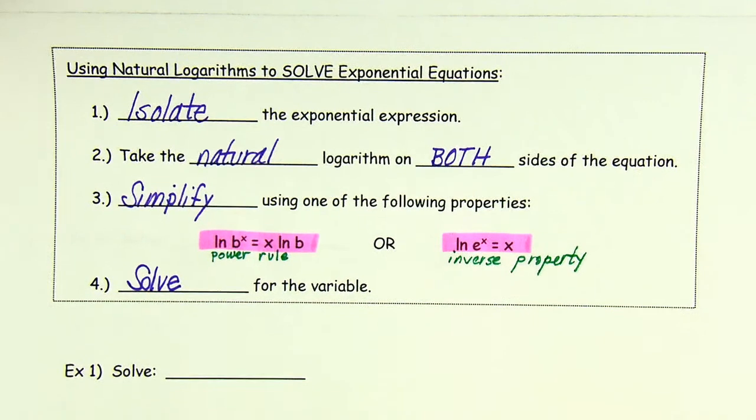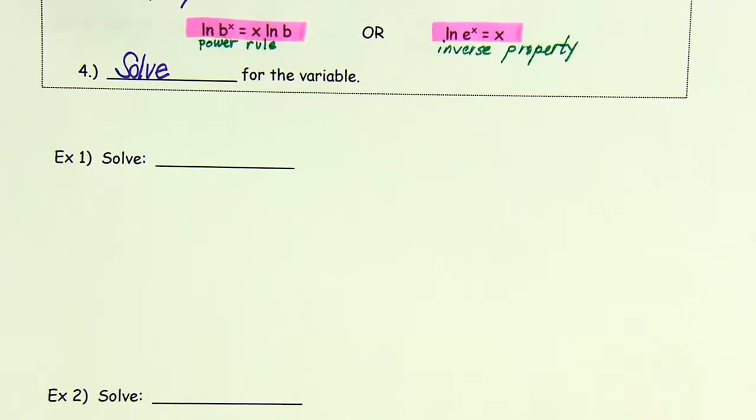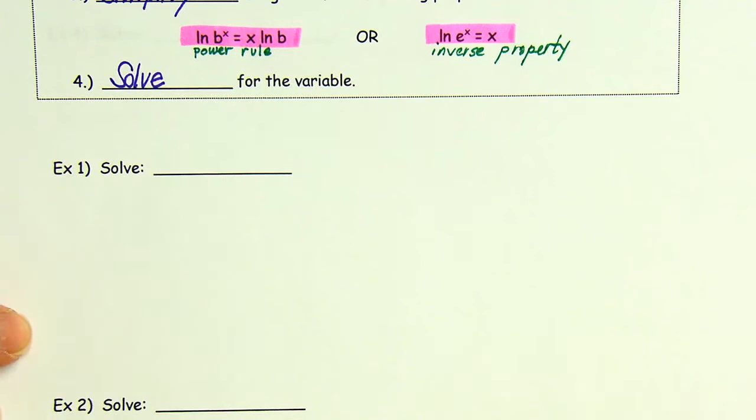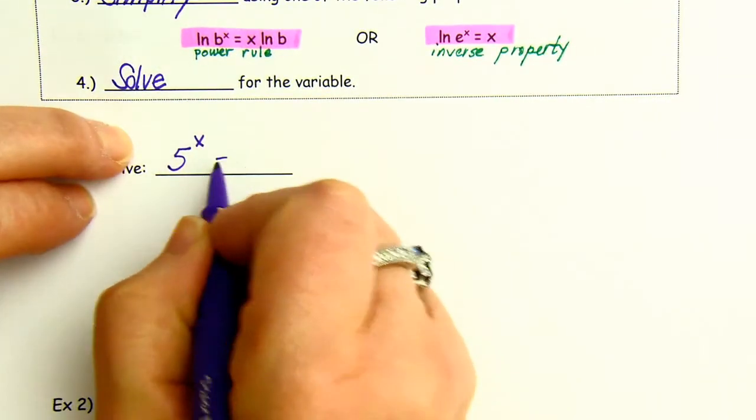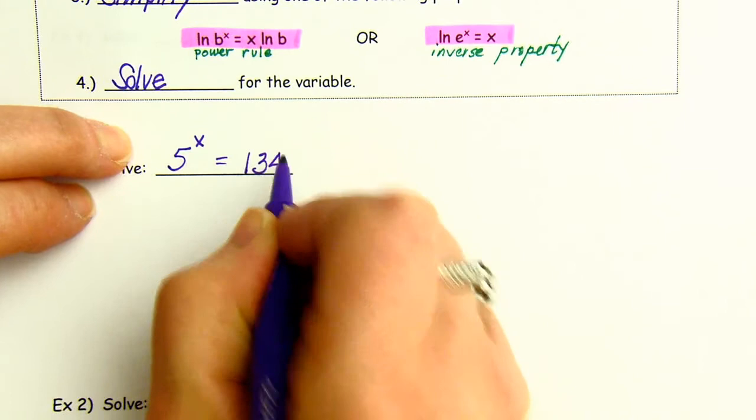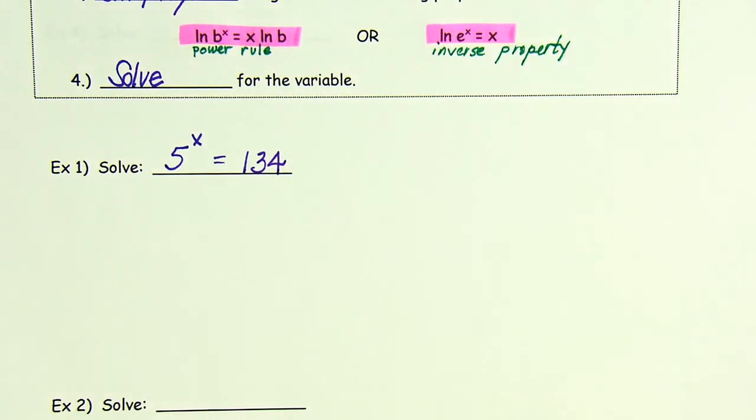All right, let's look at our first example, which is checkpoint number 1. Solve 5 raised to the power of x equals 134. When I'm solving exponential functions, and I know this is a little silly, just bear with me. This is my algebra land brain story.